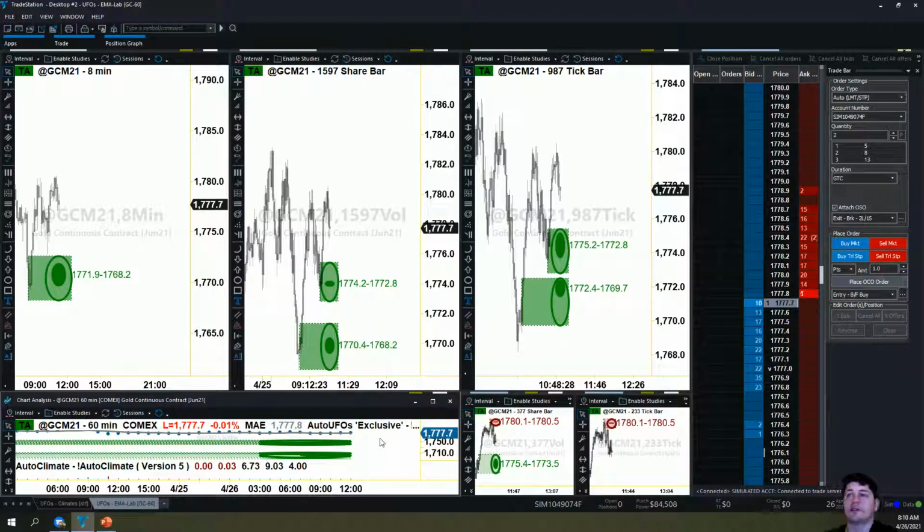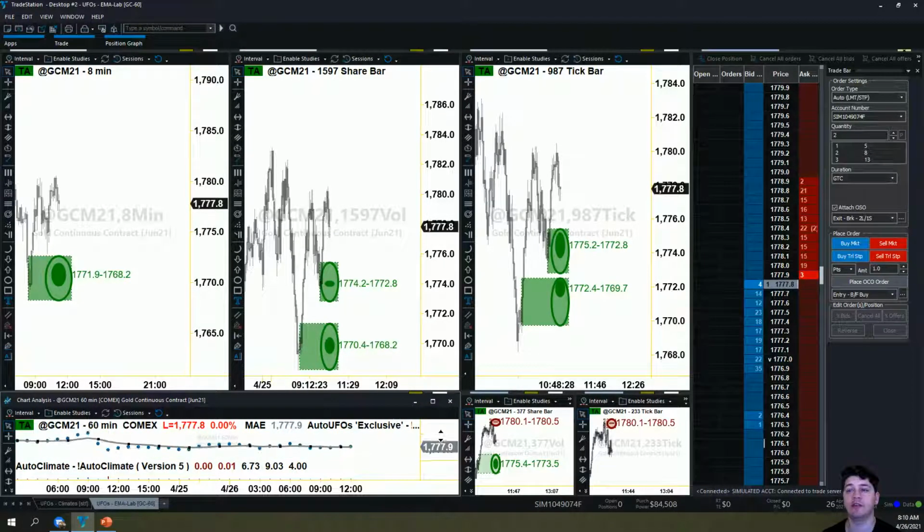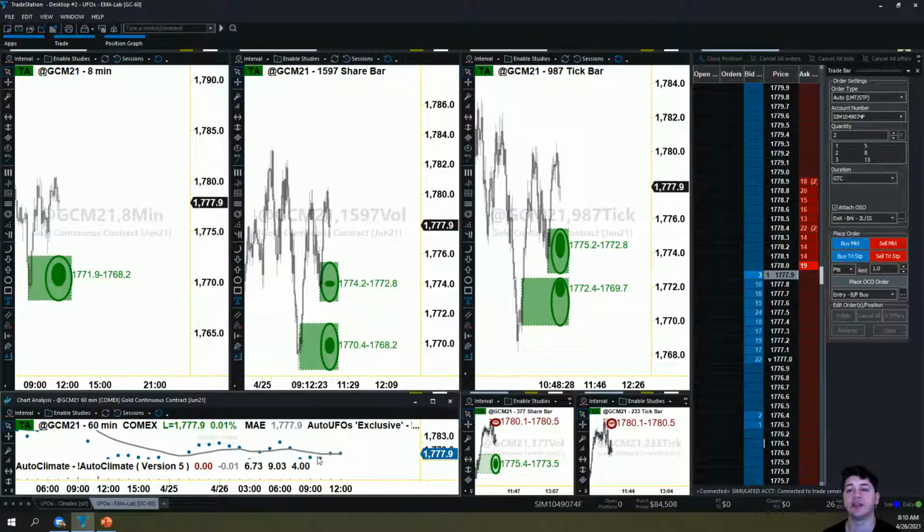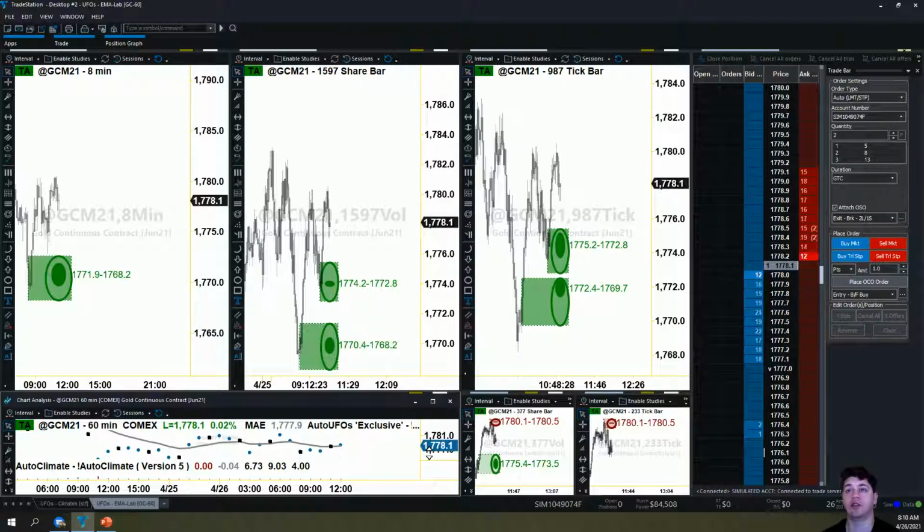Okay, so there we are. We have everything set up and loaded properly, but unfortunately, we don't have any red UFOs at this location. And as you see, the moving average is right on the money with the current price.